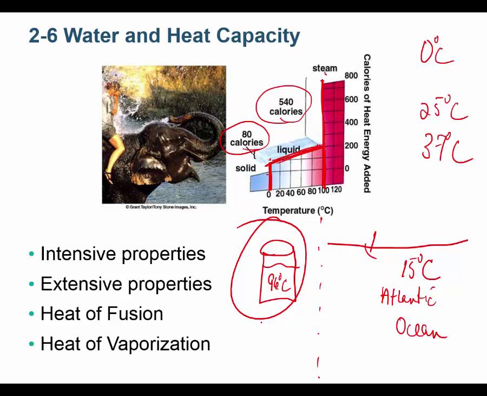How can the Atlantic Ocean have more heat? Its heat is the amount of energy in the entire body of the Atlantic Ocean. And the 15 degrees Celsius is a measurement of just the temperature of it, not how much heat is in the entire body of the Atlantic Ocean.